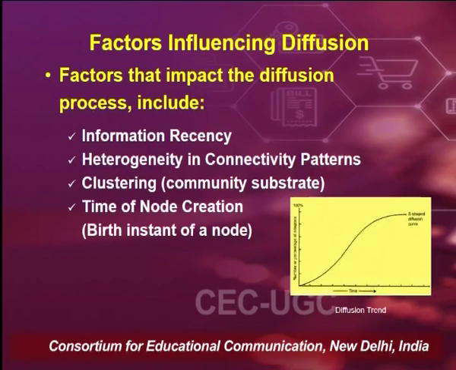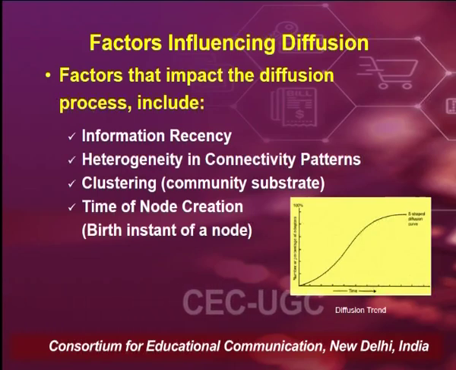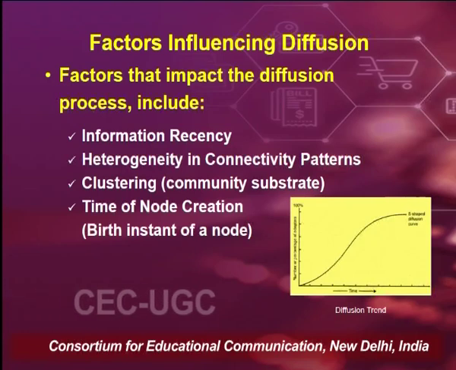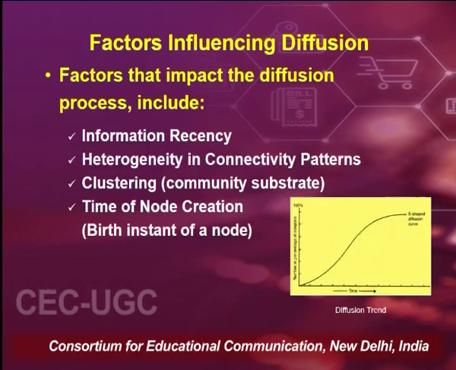For example, if the AQI was very high, say 7 days ago, and the information is coming after 7 days, the relevance is not there. Precautionary measures and all should be taken when the information is live and fresh. So when the information is getting diffused in the societal network, it has to be fresh. The information should be recent.